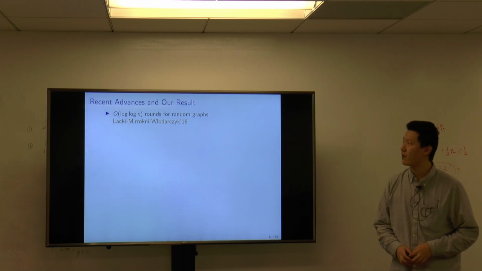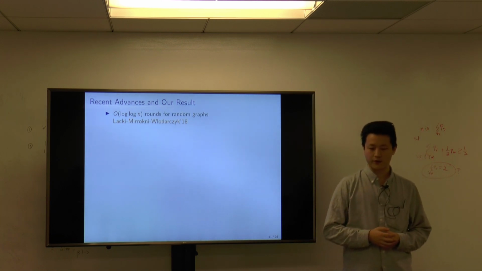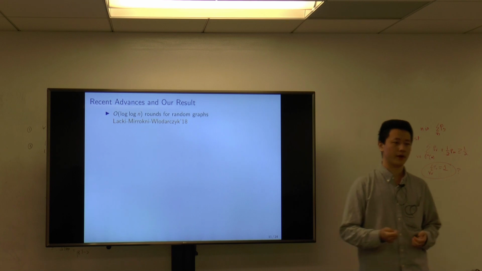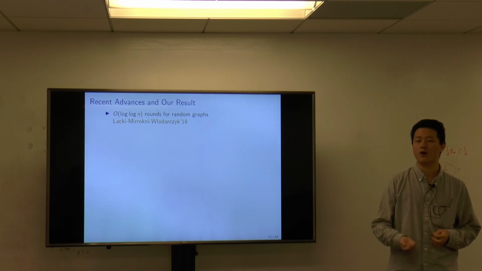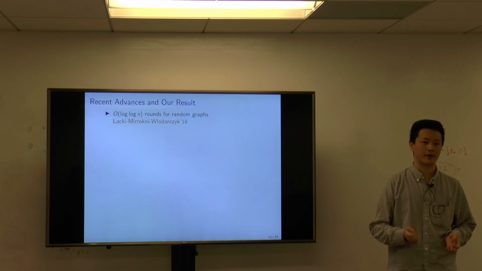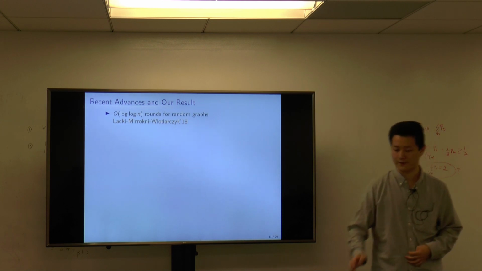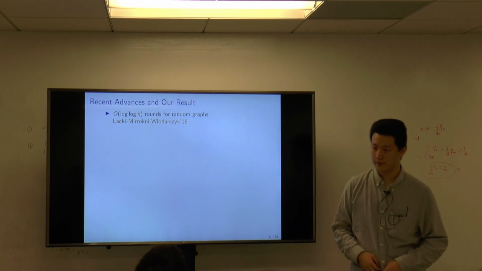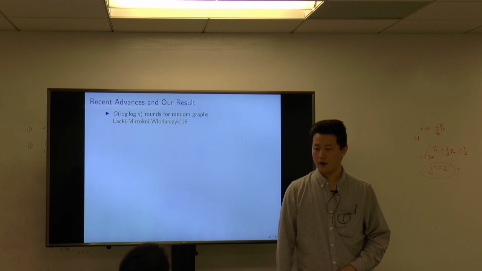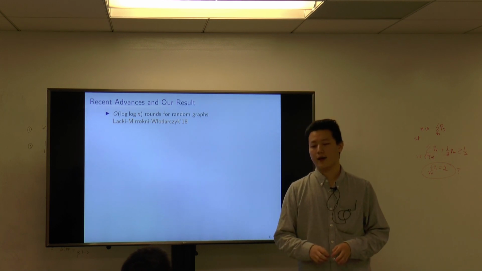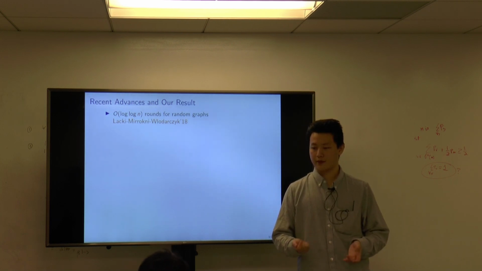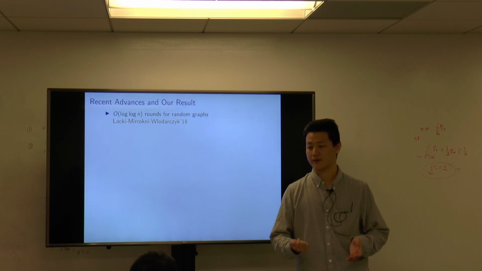There are some recent developments on this problem. For random graphs, one can show that we can find all the connected components of these random graphs in log n rounds. Question? You say random graphs, do you mean the vertices are randomly indexed? Random graphs means that each edge appears with some probability independently.